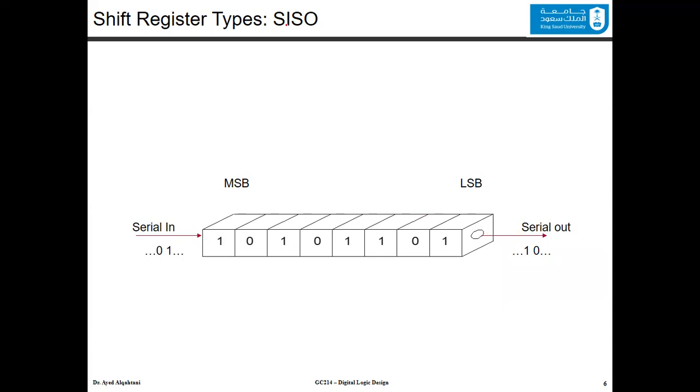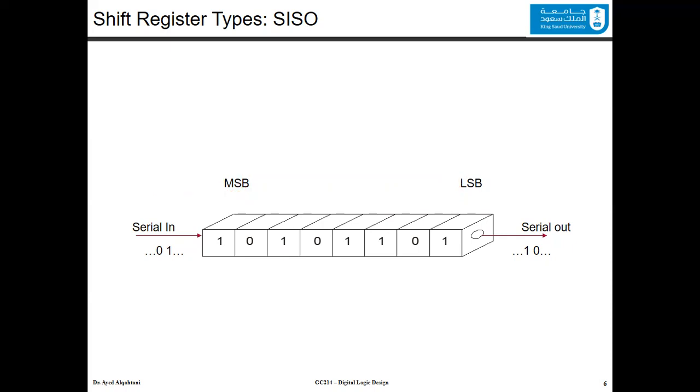This type is called SISO, which means serial input and serial output. Notice here that all the serial inputs will be entered in the most significant bit position, and the output will be the exit of the bits from the least significant bit position.